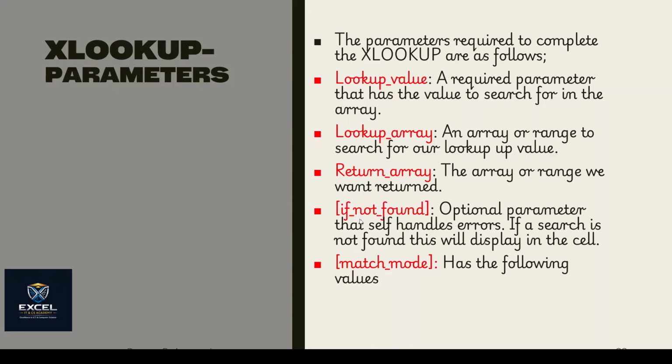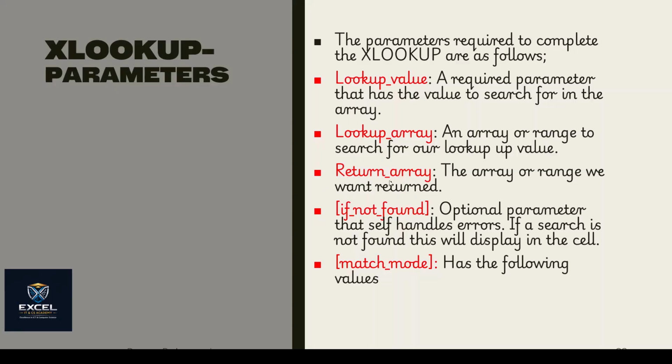So instead of leaving your XLOOKUP to show as an error, you can use an error handling feature in the XLOOKUP itself. None of the lookup functions that we have explored has that. To handle errors in those, you may need to use an error handling function different from the lookup function itself.